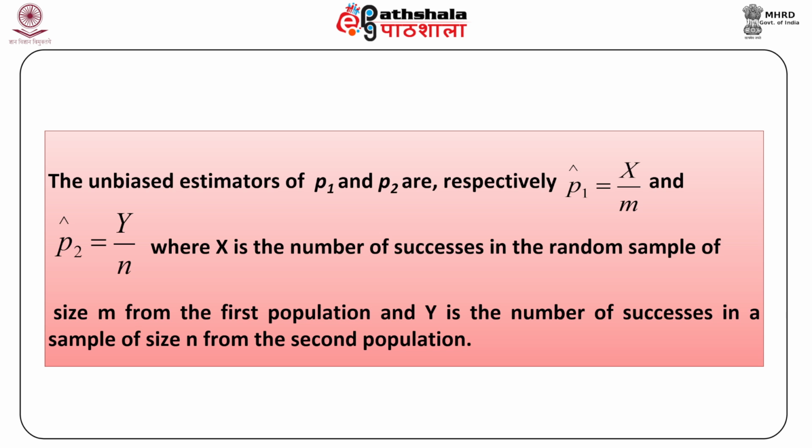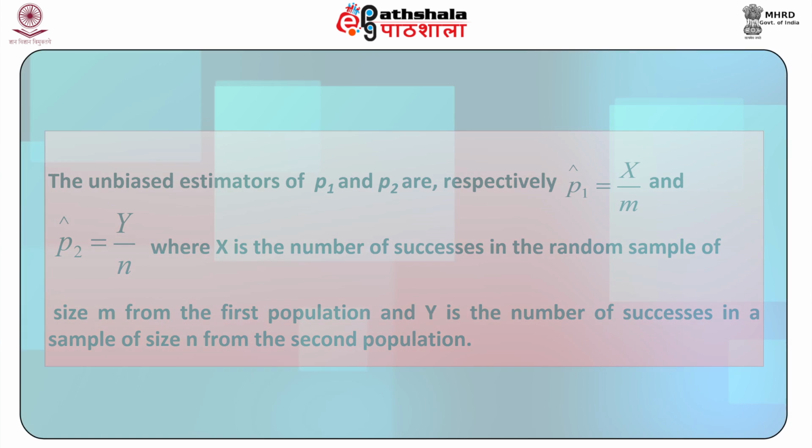Correspondingly, Q1 hat is equal to 1 minus P1 hat and Q2 hat is equal to 1 minus P2 hat. I am sure you would recollect, we know that P plus Q is equal to 1, where P is the probability of success and Q is the probability of failure.